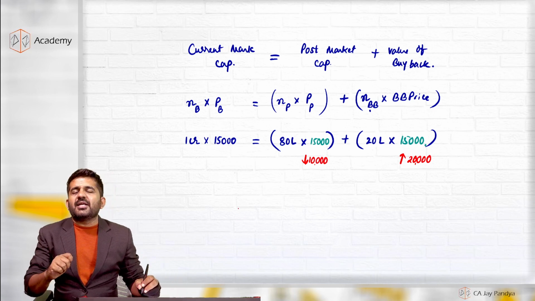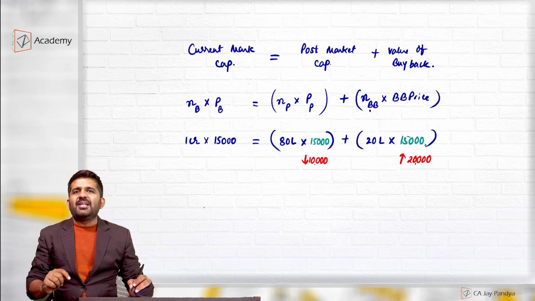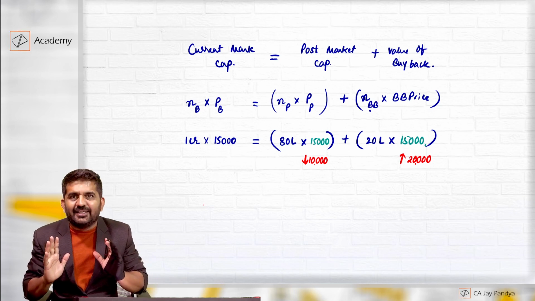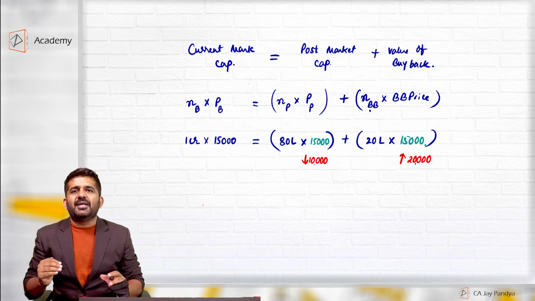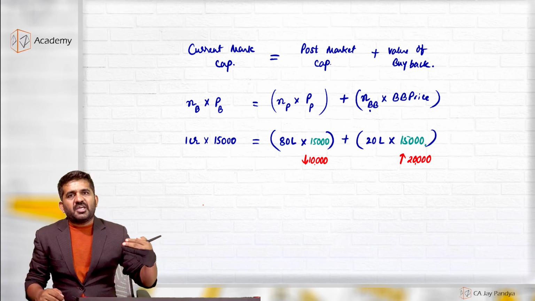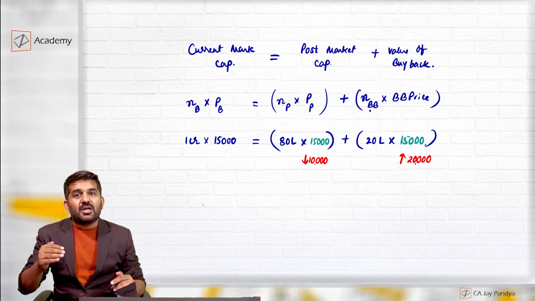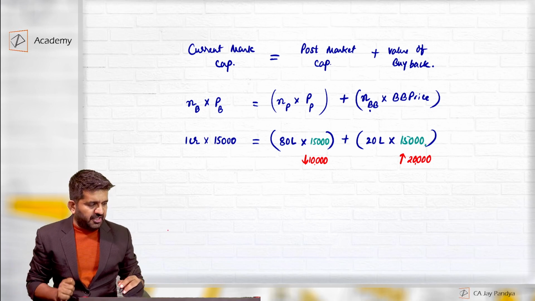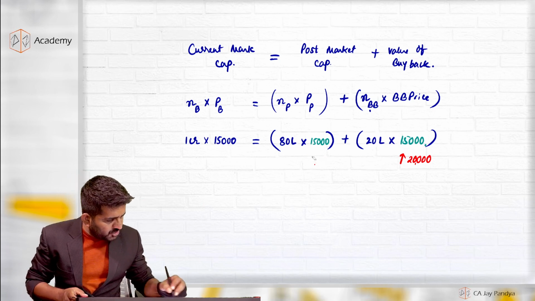So you can understand the simple equation: post market cap plus value of buyback should be equal to pre-market cap of the company theoretically. Actually, what happens after buyback is, on liability side, equity share capital is reduced. On asset side, your cash reserve is reduced. Your cash reserve is reduced, so it will affect your future earnings. Your liability has decreased on liability side from equity share capital. So this equation should be very much understood.